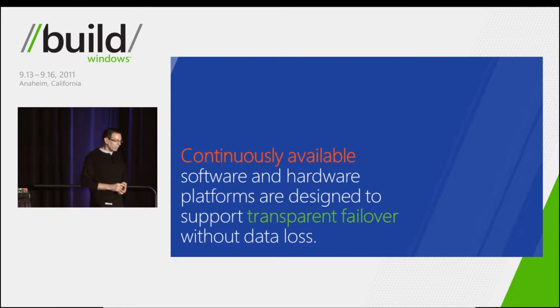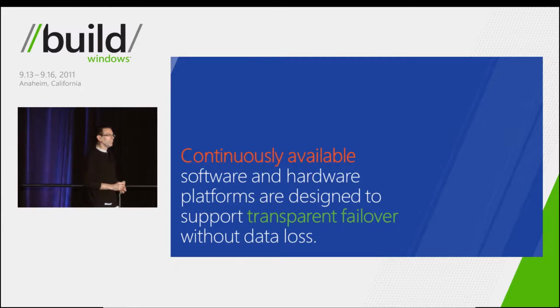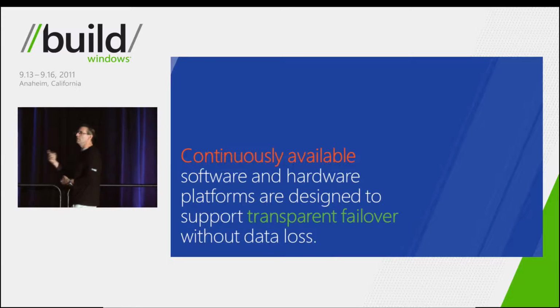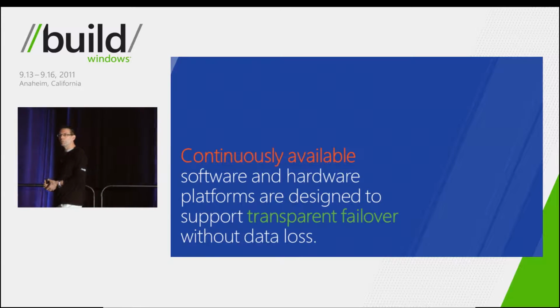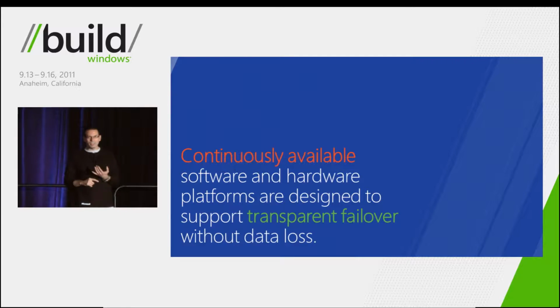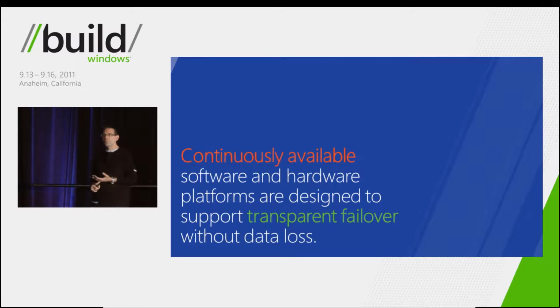As we looked at the requirements for what we wanted to deliver in Windows 8, we started with this fundamental concept that you've been hearing over and over if you've been in the track that was on the previous slide. Continuous availability. Continuous availability has a couple of important elements.